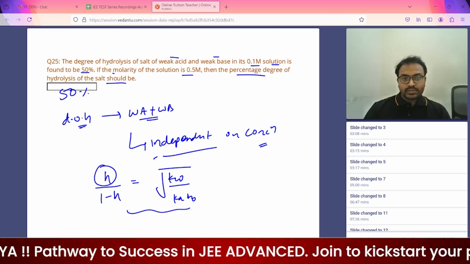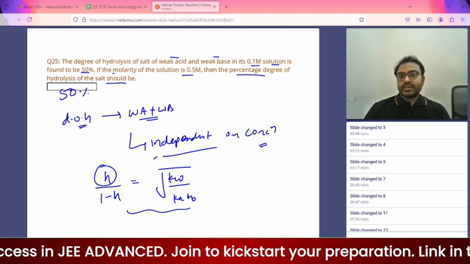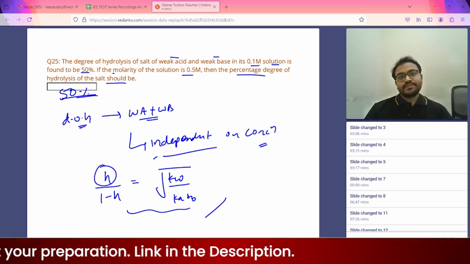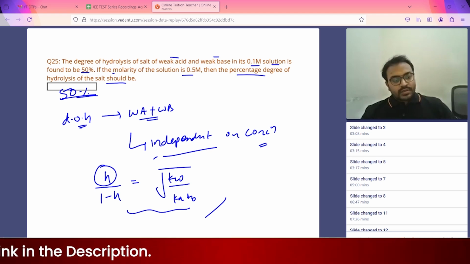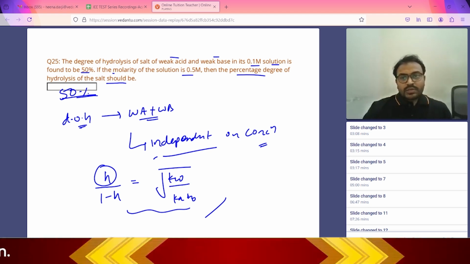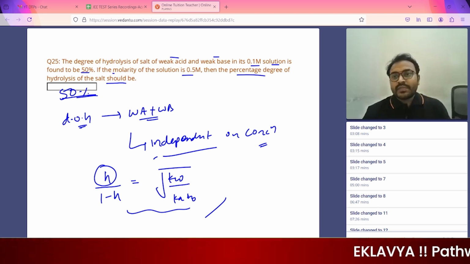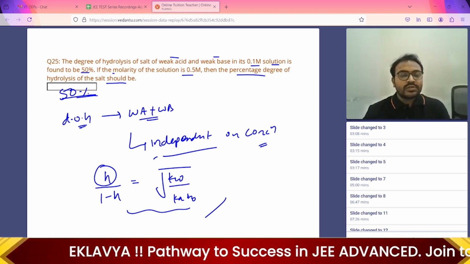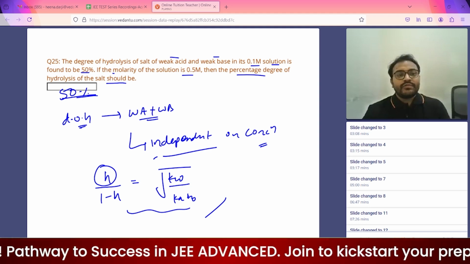This is the relation. So this h doesn't depend upon the concentration. So it remains the same, 50%. So this is all about the question paper. I hope you understood all the questions. So thank you everyone. We'll meet in the next session.